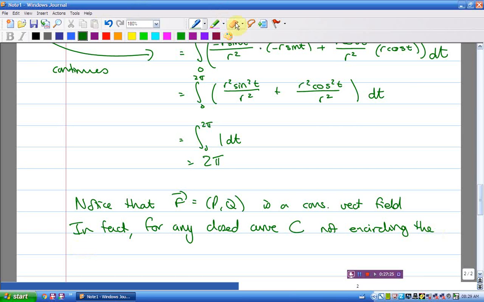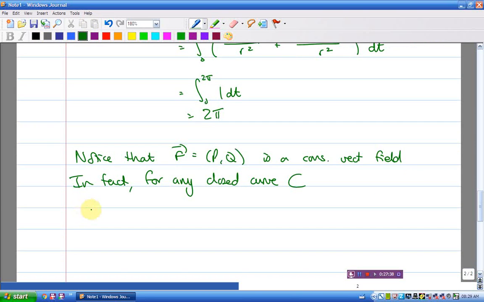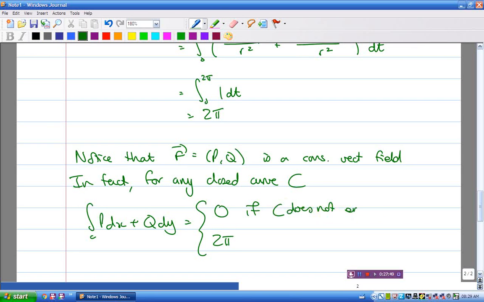Actually, no, I'm copying the wording from my notes, but the wording from my notes is actually very bad wording, so let me say, for any closed curve C, the line integral over C of p dx plus q dy is going to equal 0 if C does not enclose the origin, and 2 pi if C does enclose the origin.